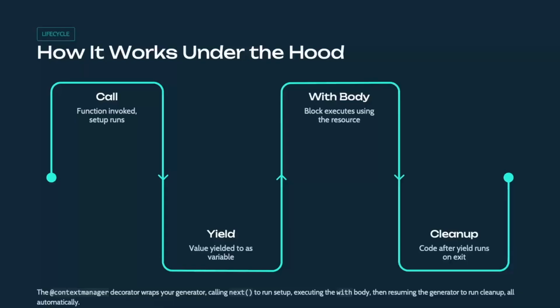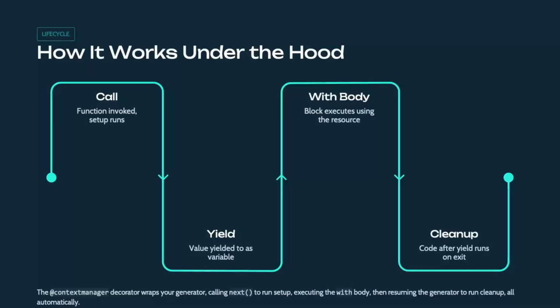Now let's understand how it works under the hood. When Python encounters the with statement, it performs several steps automatically. The first step: the function starts executing. The second step: execution continues until yield. In the third step, the yielded value becomes the variable. The fourth step is that the code inside the with block is executed.